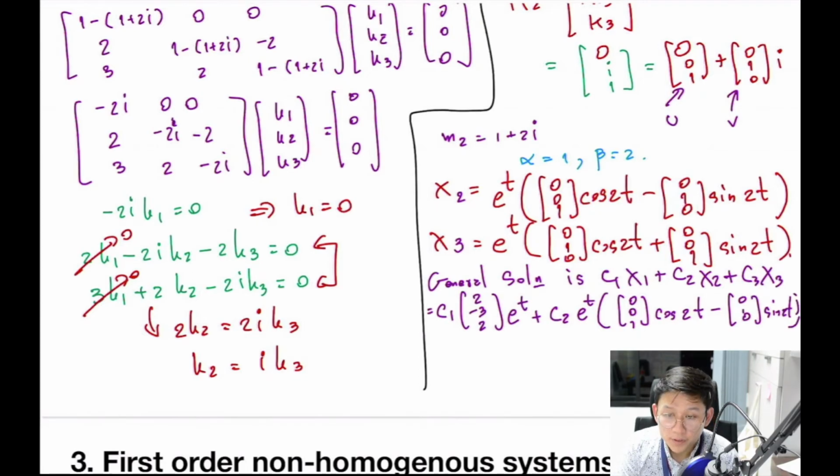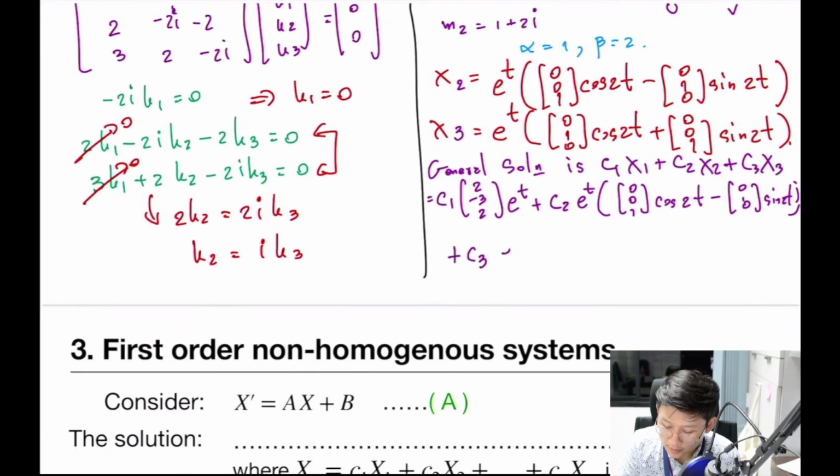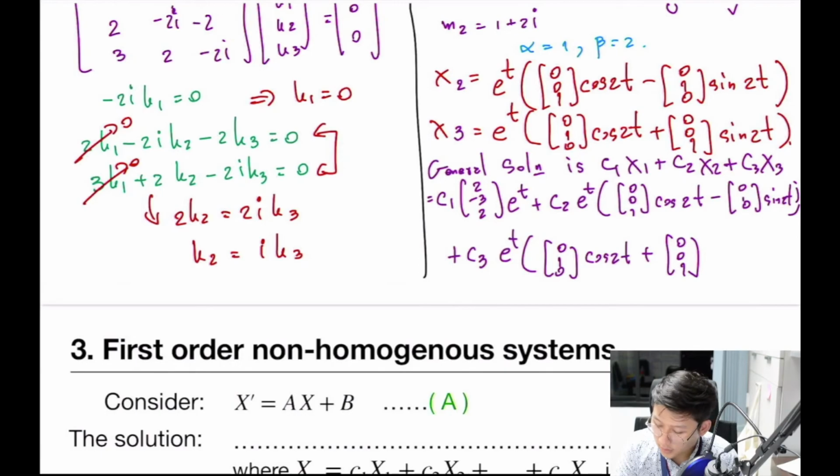And after that you plus c3 e to the t, and then you get 0 1 0 cos 2t plus 0 0 1 sine 2t, and that is the solution.